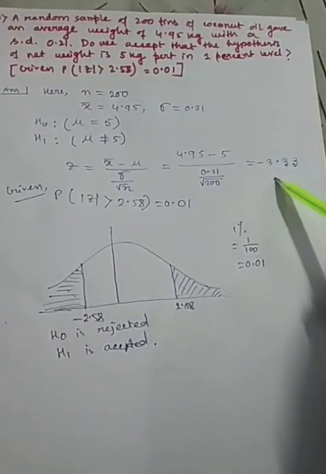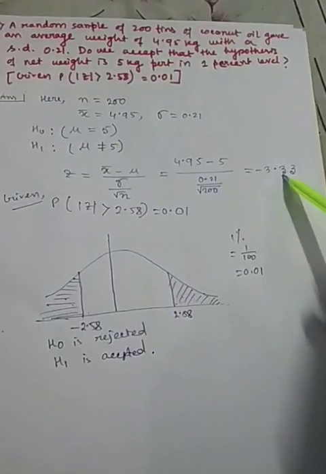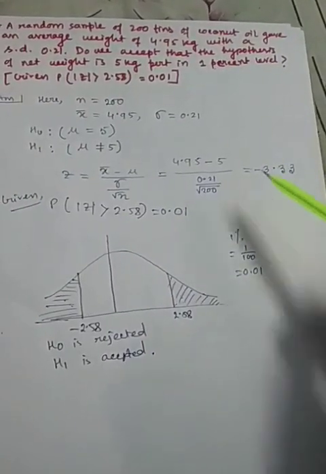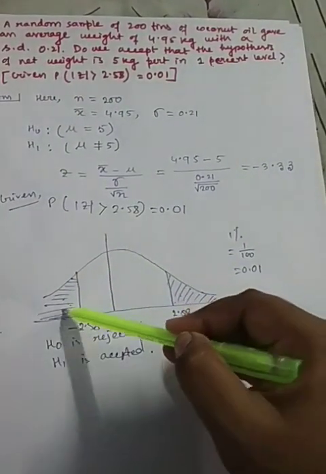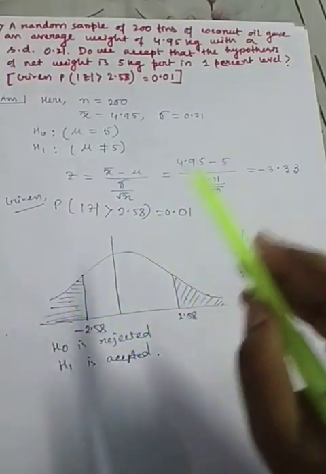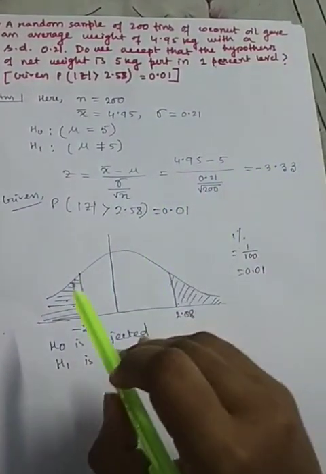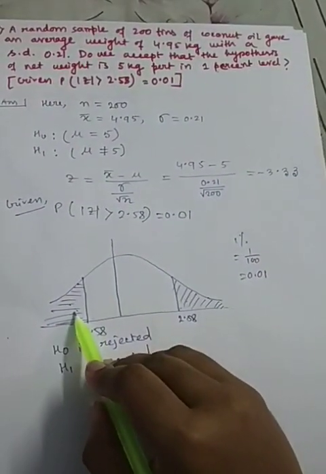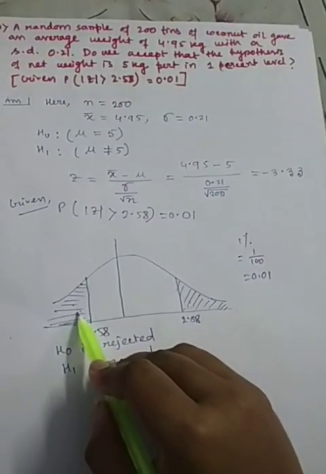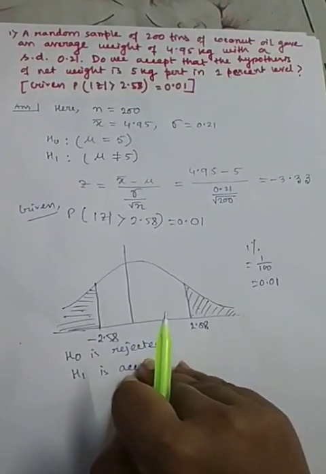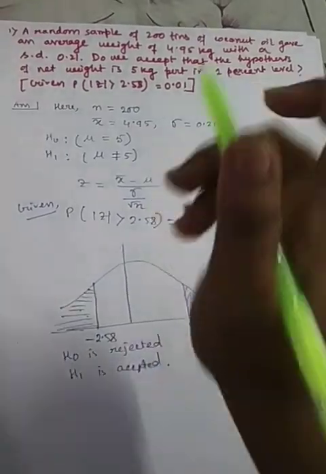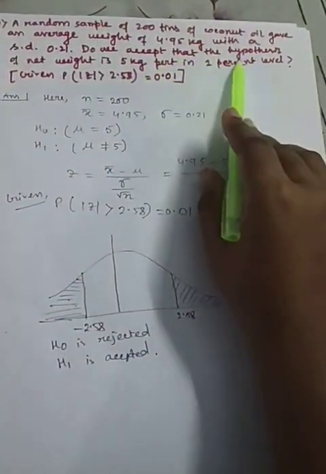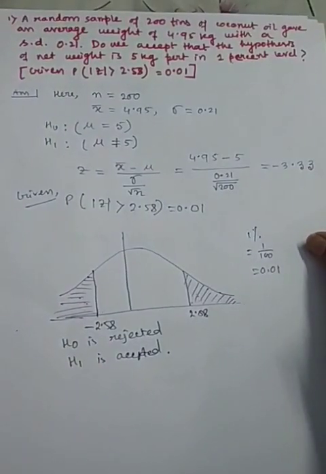Now what is your computed value? Your computed value is minus 3.33 and this value lies within this shaded region. As I told before, if your computed value lies within your critical region, then H0 will be rejected or H1 will be accepted. H0 rejected means your net weight is not 5 kg per tin.